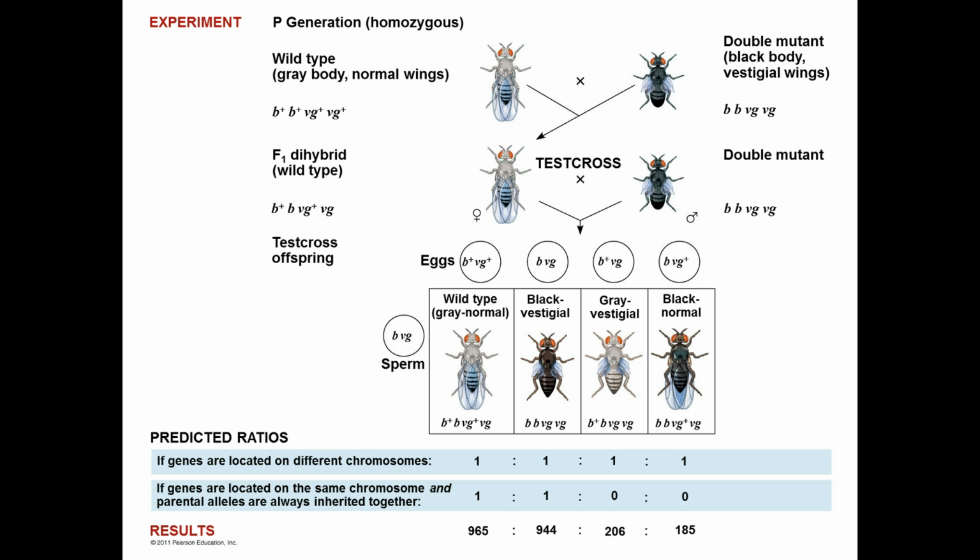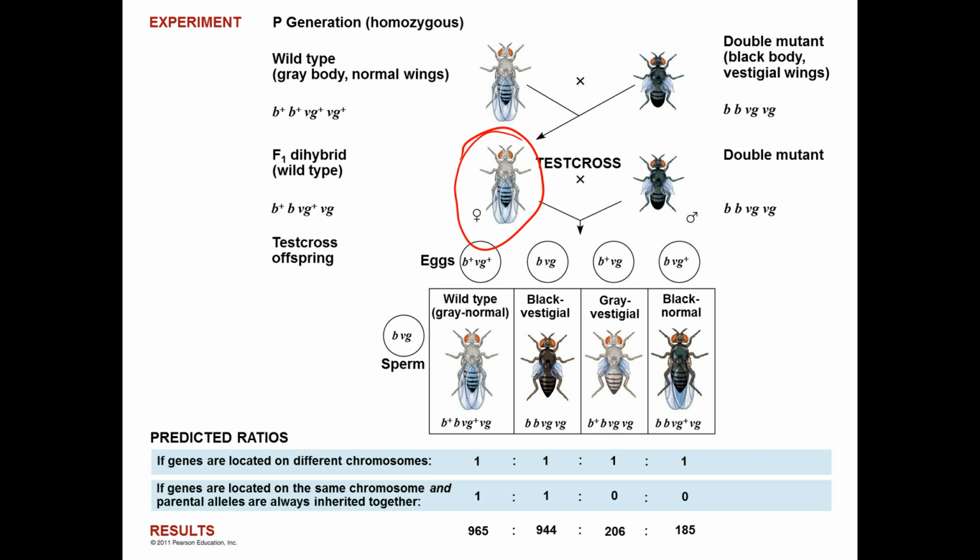It's homozygous recessive for both traits. Now the resulting offspring of this cross, you see all wild type flies. So all the offspring are wild type.